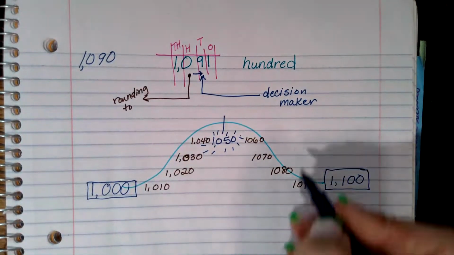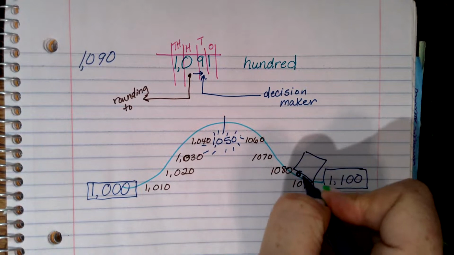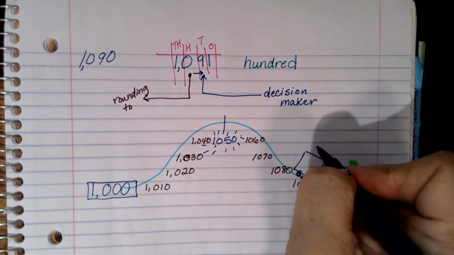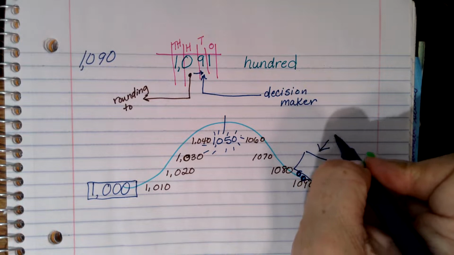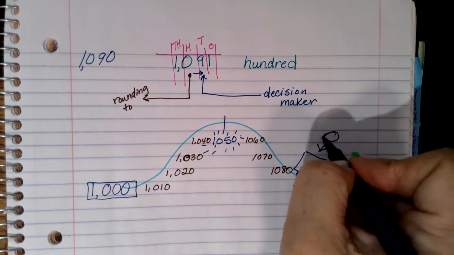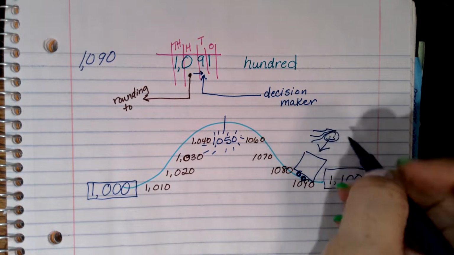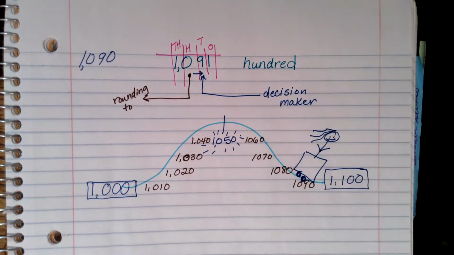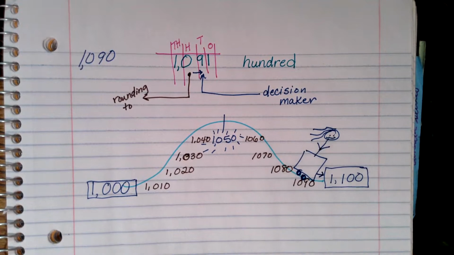All right, so on this number line, we've already come off of the top of the roller coaster hill, and we are down at the bottom. It's starting to slow down. Our person is still super excited, but her hair is not flowing as much. Maybe she feels sick to her stomach if she's like me. But it's not that far of a distance to get to the end of the track.